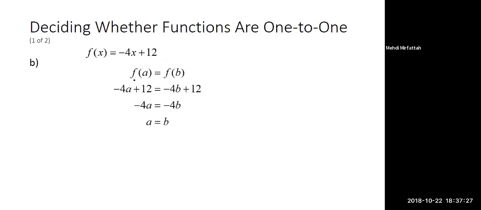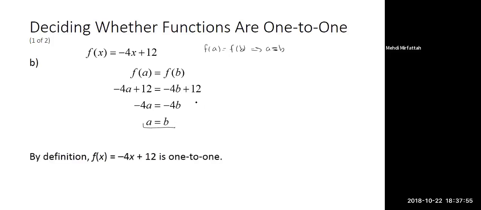But if I find out that f of a is equal to f of b, for a one-to-one function, that implies that a is equal to b. This would be a property for a one-to-one function. So if I figure out f of a and f of b, and then I find out a is equal to b, that means that they're one-to-one functions. So indeed, it is a one-to-one function.